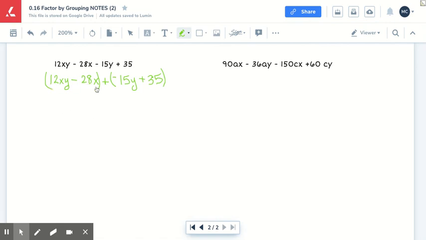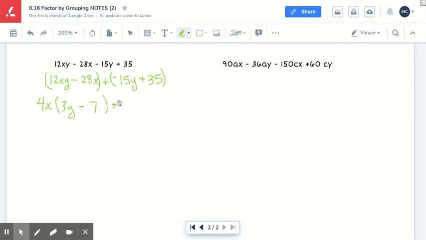Now I'm looking for greatest common factor in the first grouping here. So 12 and 28 are both divisible by 4. And x exists in both of those terms, so 4x would be my greatest common factor there. So I divide each of these by 4x, that would give me 3y minus 28x divided by 4x would be 7.